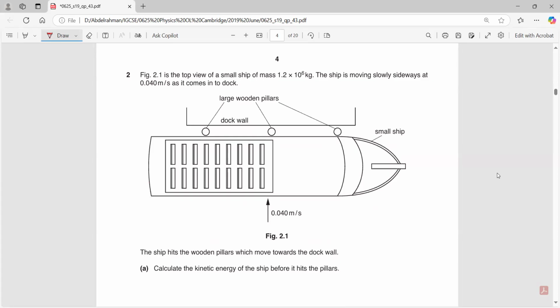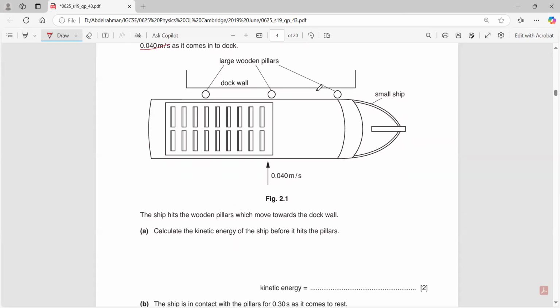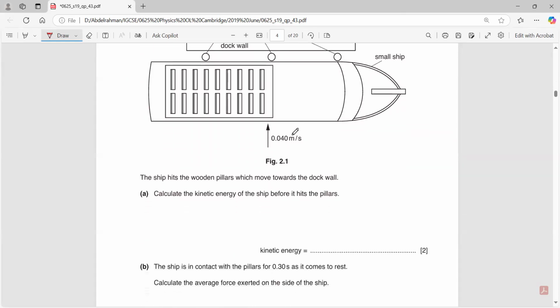Question 2 is the top view of a small ship, mass 1.2 times 10 to the power of 6 kilograms, moving slowly sideways at a speed of 0.04 meters per second as it comes to dock. Calculate the kinetic energy before it hits the pillars. Kinetic energy equals half mv squared.